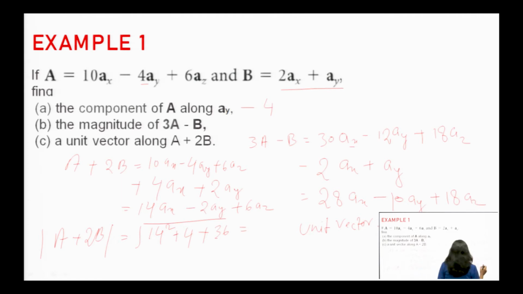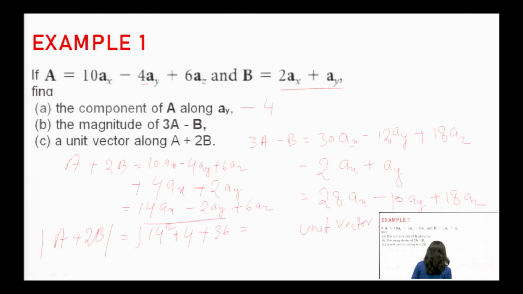Here we have the vector A plus 2B divided by the magnitude, that is root of 14 square plus 40.